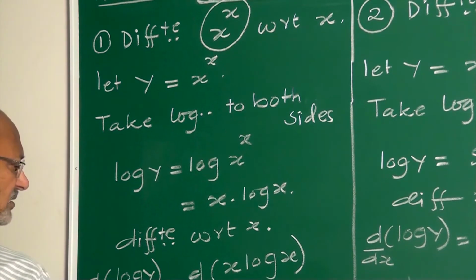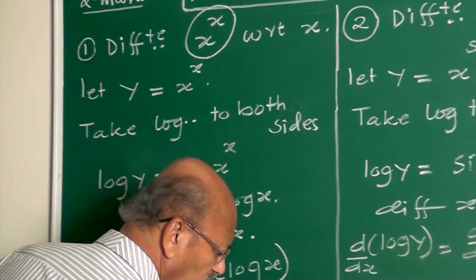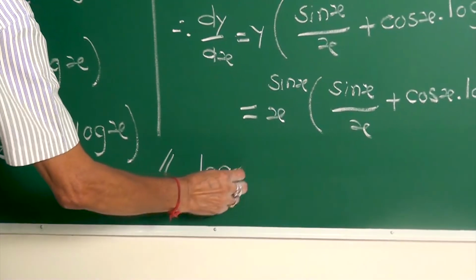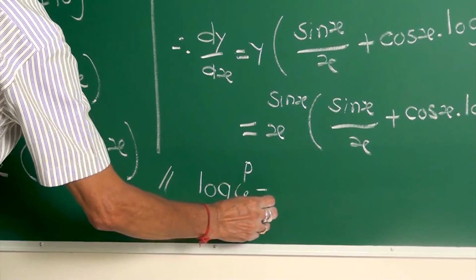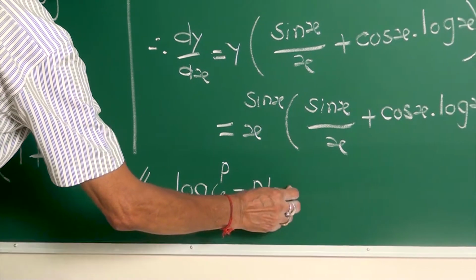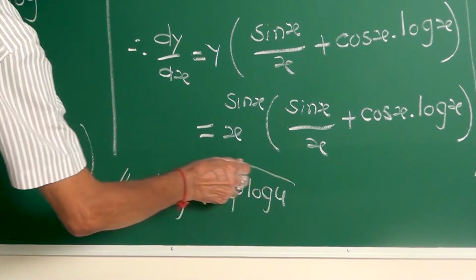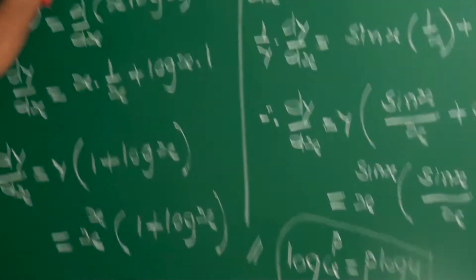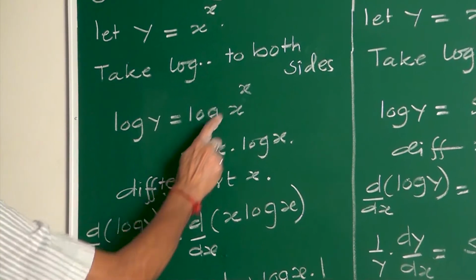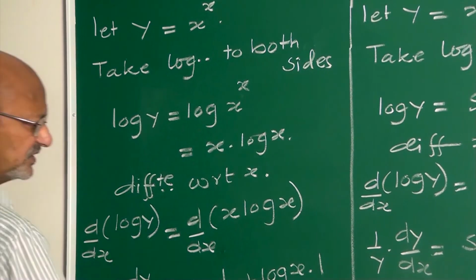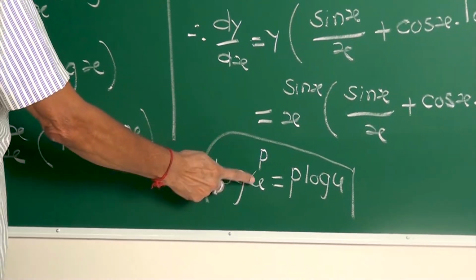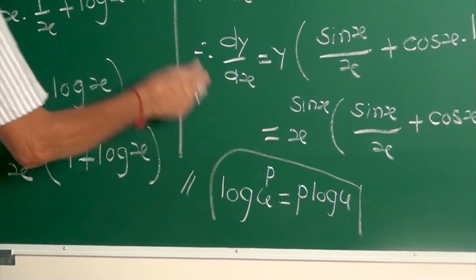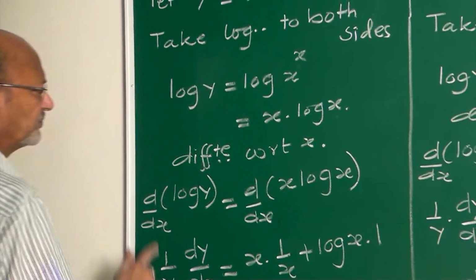Apply that property: in log u to the power p, that p comes outside. This power is x into log of the base. This is p into log of the base, so it is x log x.